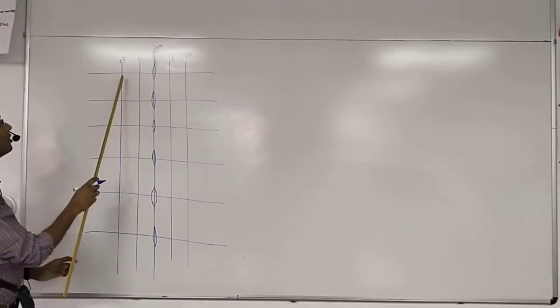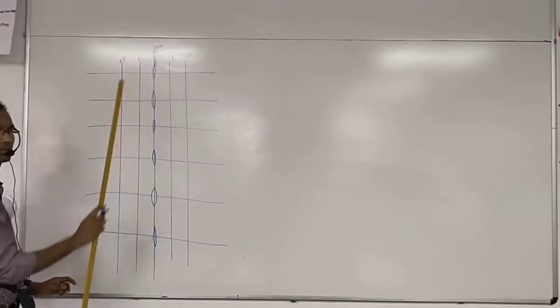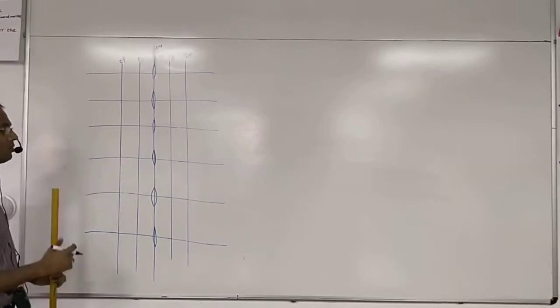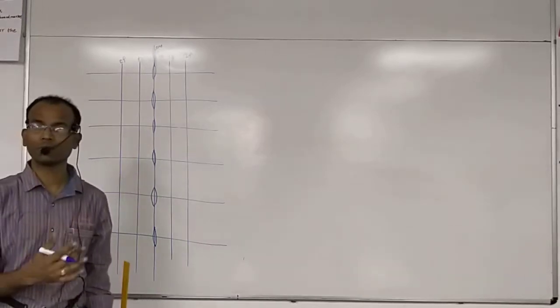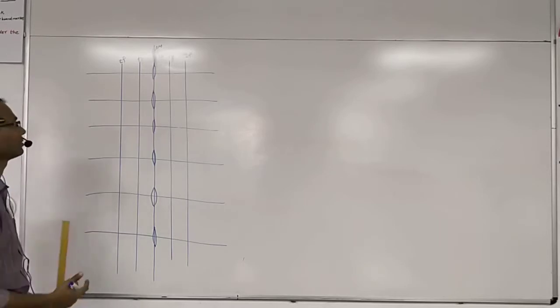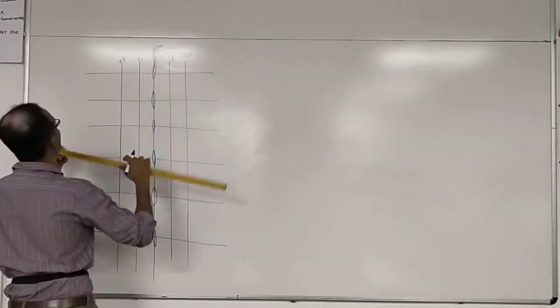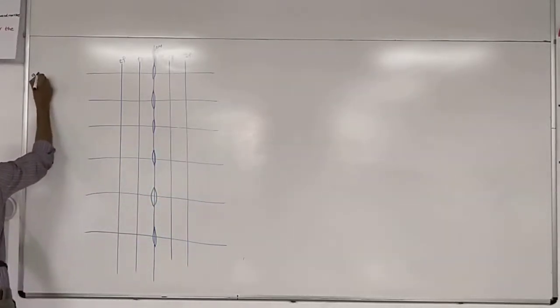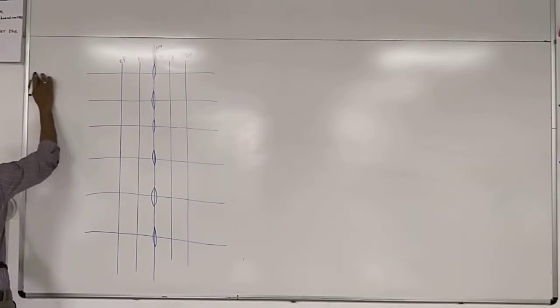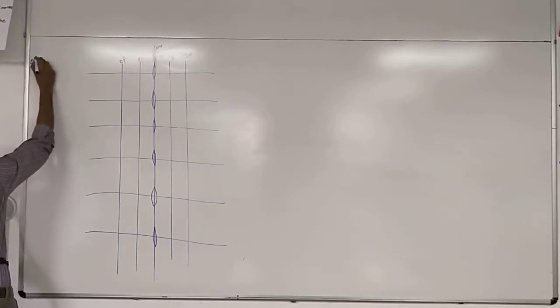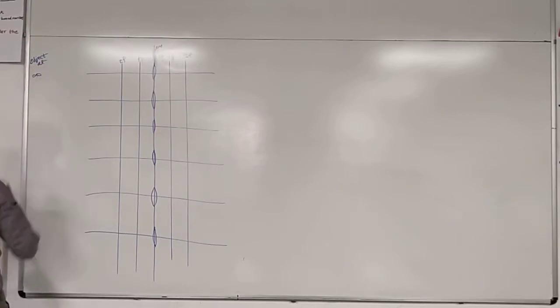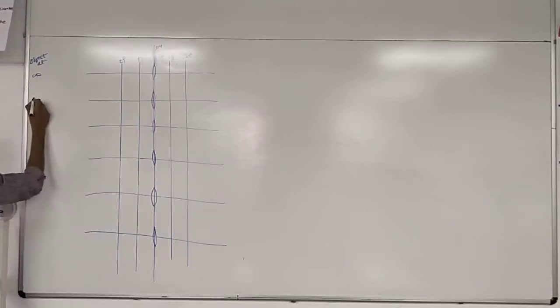So I mark the position of F to F, F to F. Now I want to know how the image will be formed for 6 different positions of the object on the principal axis. So if the object is at infinity, next is beyond 2F.